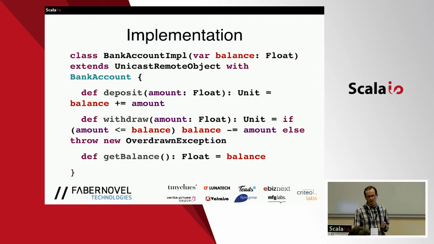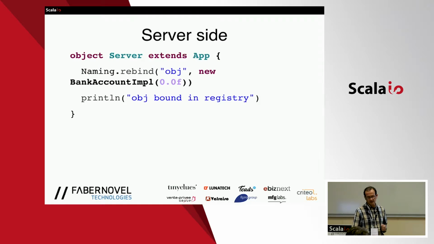How do you use this? First, you have to deploy it on the server side. Naming.rebind here is an RMI thing, which just associates your implementation to a name, which you will be able to reference from your client side.